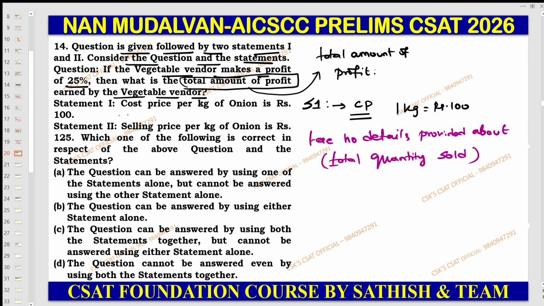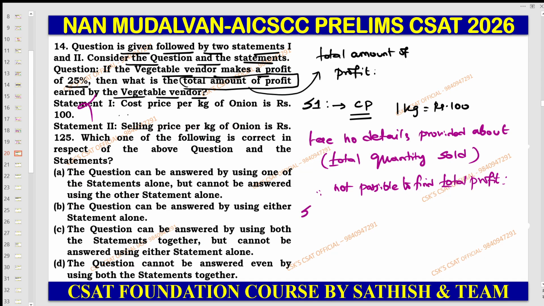Without knowing the total quantity, how can you find out the total amount of the profit earned? So therefore it is not possible to find the total profit. The question here is the total profit. Understood? Total amount of the profit. So it's not possible. Leave it.